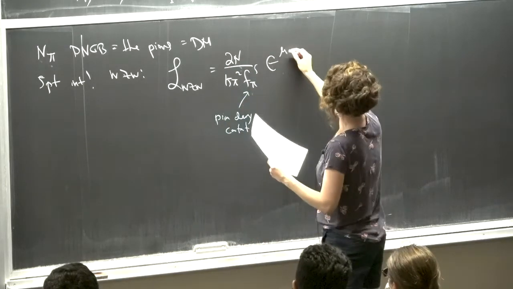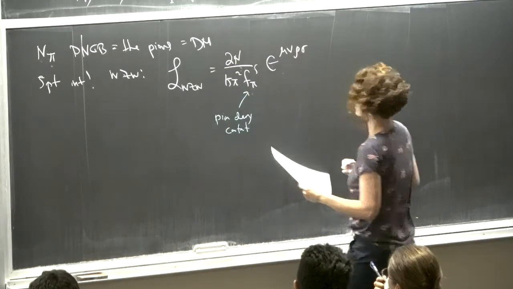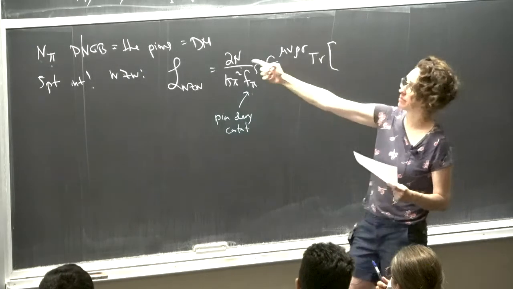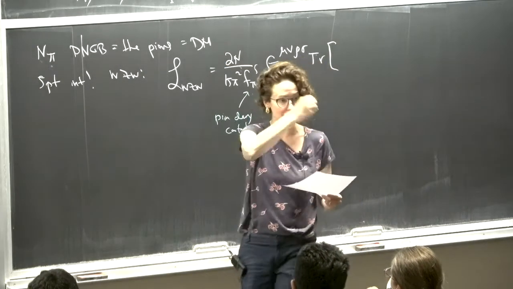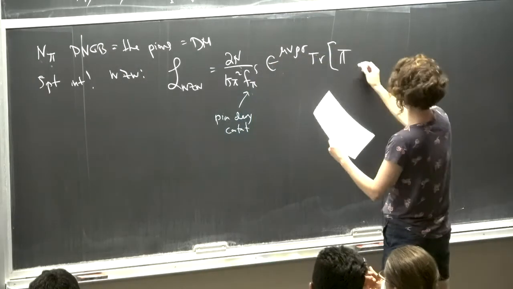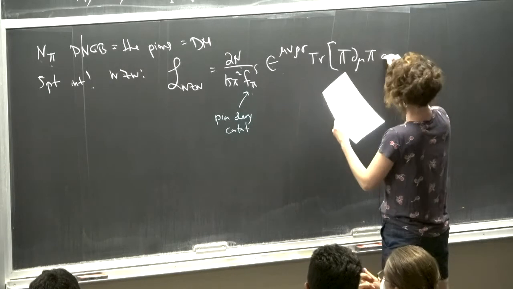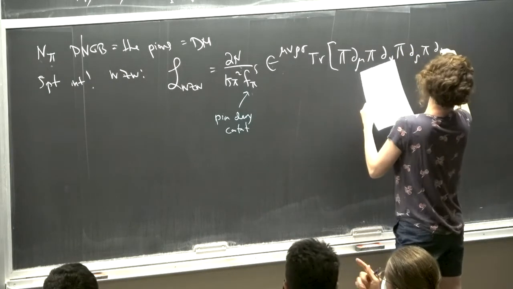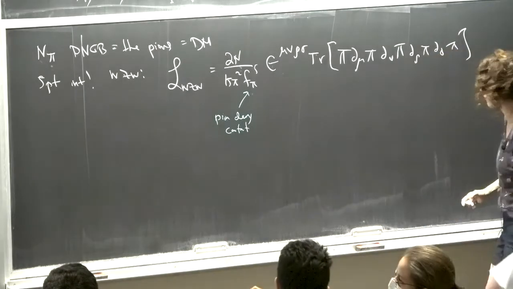It has an epsilon^{mu nu rho sigma}, and then a trace of these pion matrices, where pi is pi^a times T^a, the broken generators. And it looks like the following: pi, d_mu pi, d_nu pi, d_rho pi, d_sigma pi. Okay?